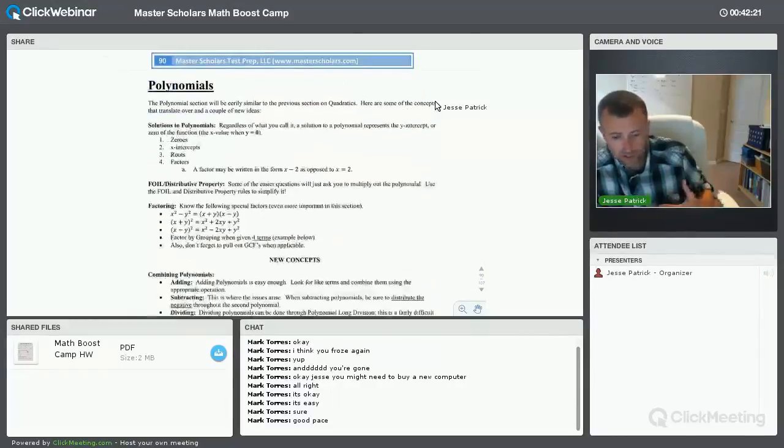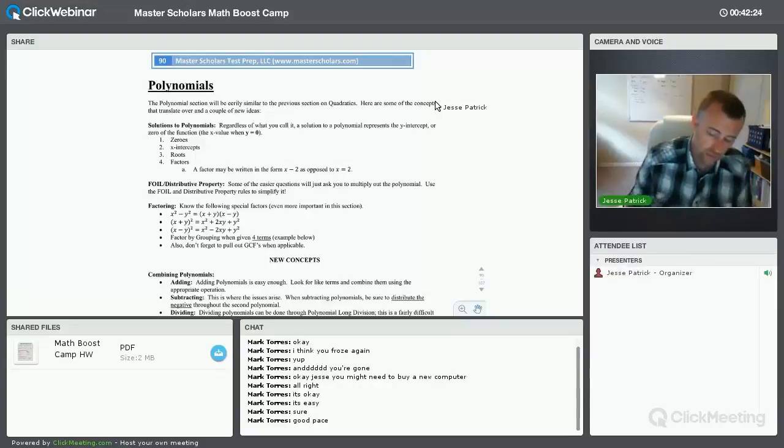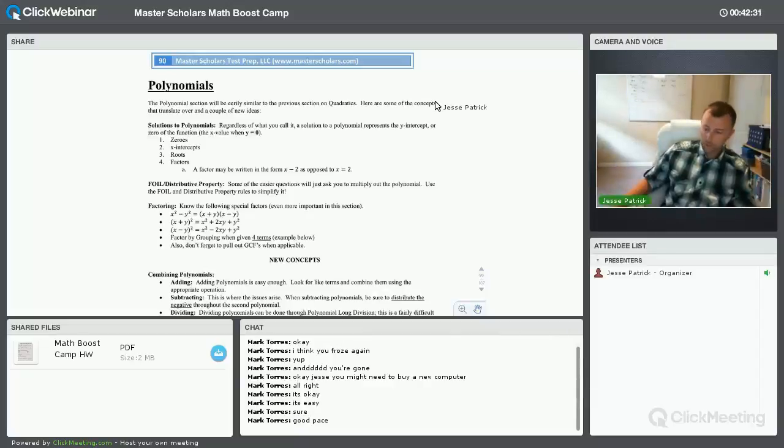So with polynomials on page 90, some of the things are going to be the same. First off, a quadratic actually is a polynomial. A linear function is a polynomial. But again, polynomials allow you to expand the degrees beyond degree 2, which is what a quadratic is, or degree 1, which is what a linear function is.